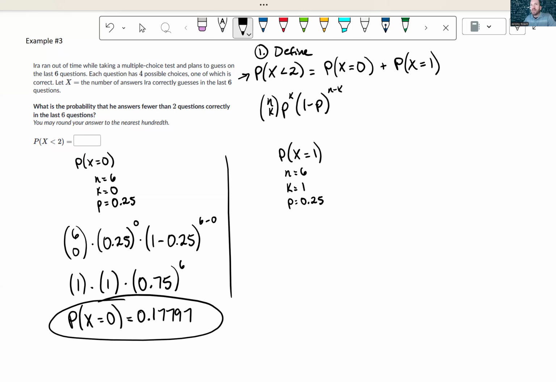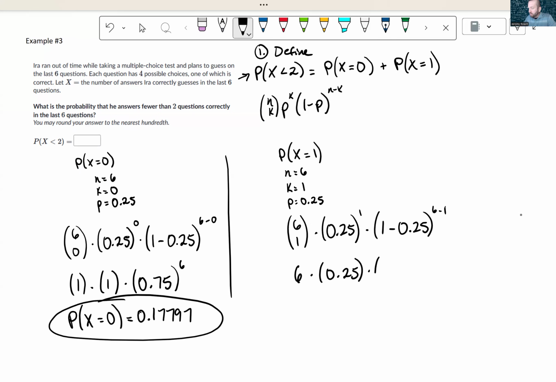Okay, for the next part, we have 6 choose 1 times 0.25 to the 1 times 1 minus 0.25 to the 6 minus 1. And 6 choose 1 is 6, times 0.25, which is just to the power 1, times 0.75 to the power of 5.